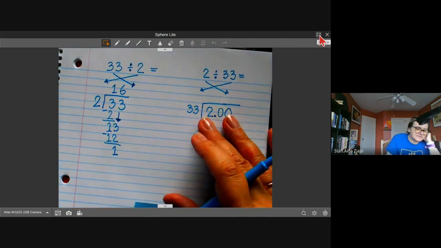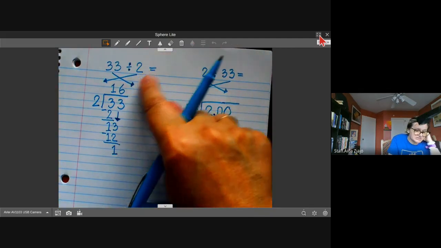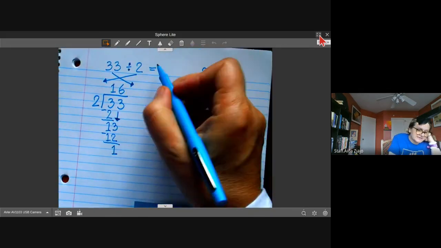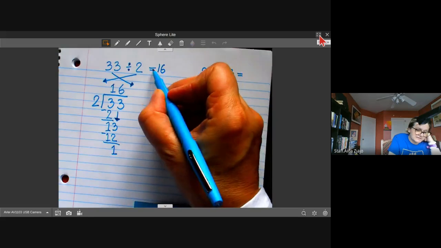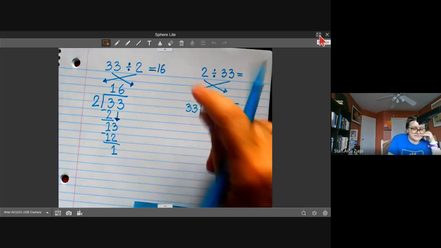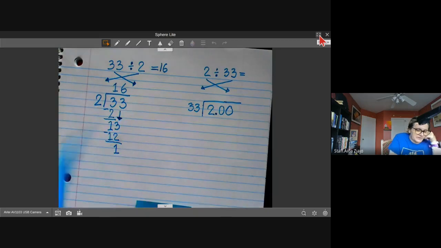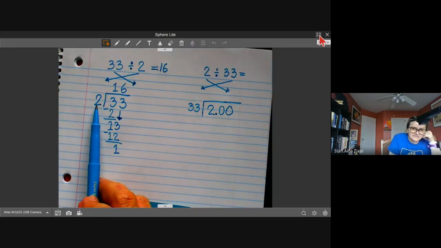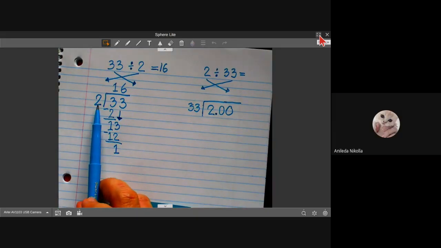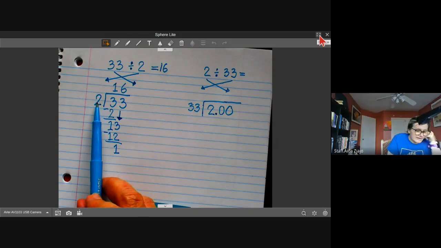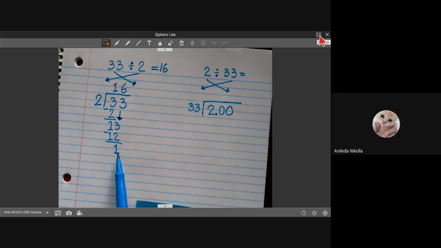Anelada, if they ask me to answer this as a fractional answer, what would I write here? 16 and what as a fraction part? How many pieces makes a group? 2. And how many do I have left? 1.